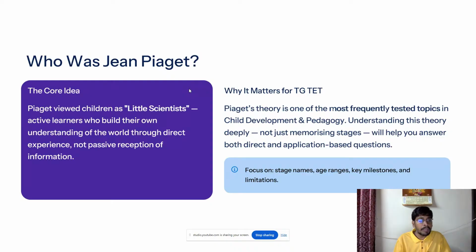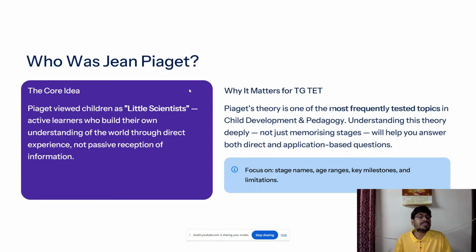They are not passive learners. They are active learners because they always learn on the basis of experience. They understand the world based on experience and not based on information. That is why children are regarded as little scientists, as per Piaget.